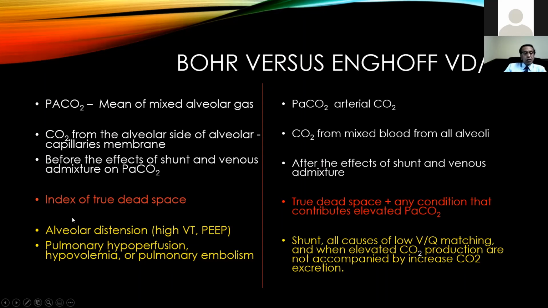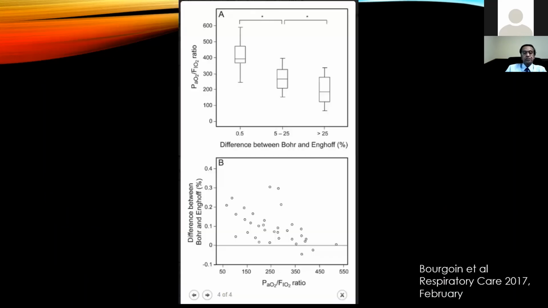Bohr's physiological dead space is affected by high tidal volume and of course PEEP, and it is also affected by hypovolemia or pulmonary embolism. So these are some of the important characteristic features of Bohr versus Enghoff's physiological dead space.